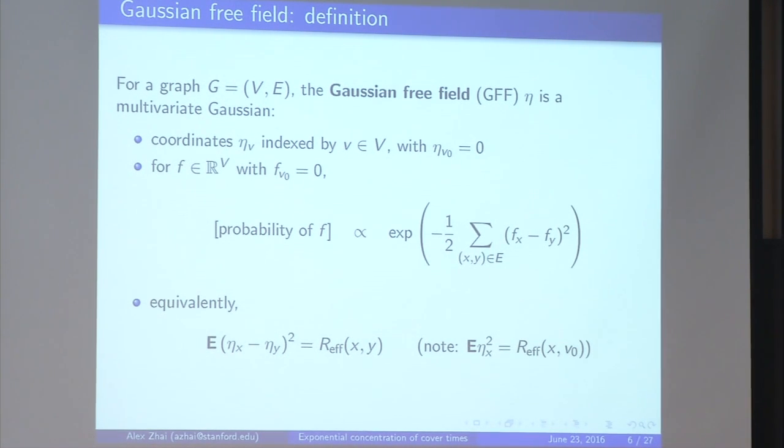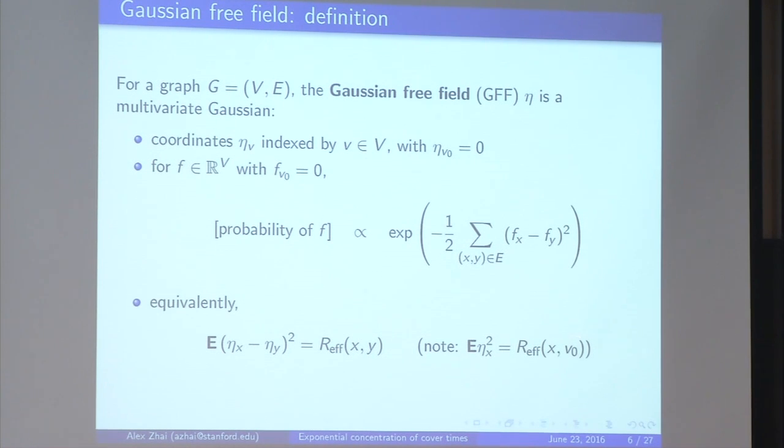Okay, so let me explain what this is. It turns out that the expectation of eta x minus eta y squared, for any two vertices x and y, is just equal to the effective resistance. And this works even when one of these vertices is v naught. So in particular, let's say I take y to be v naught, then eta sub y is just 0, and then I get this thing here.